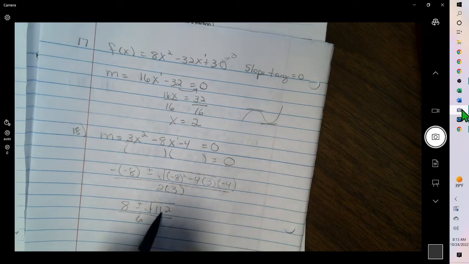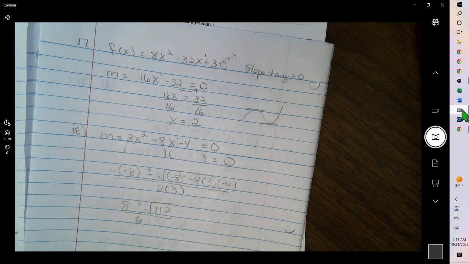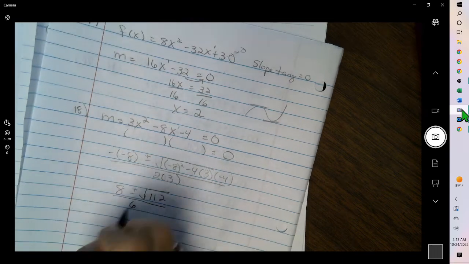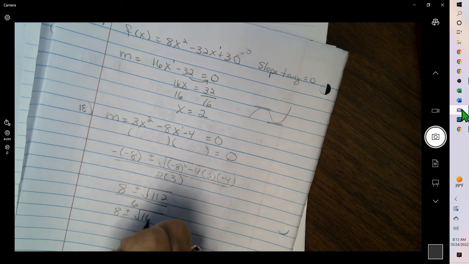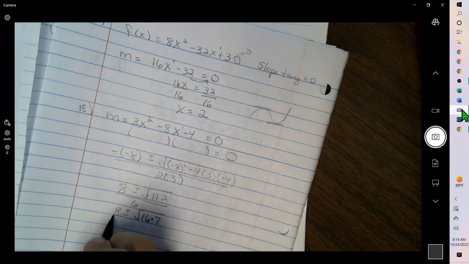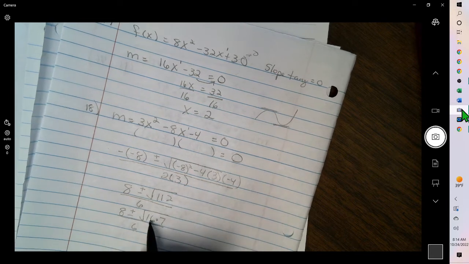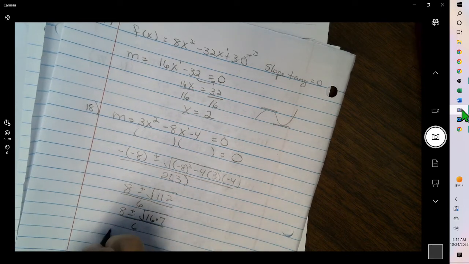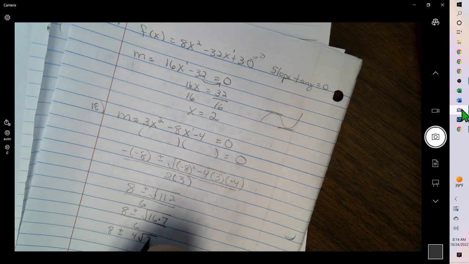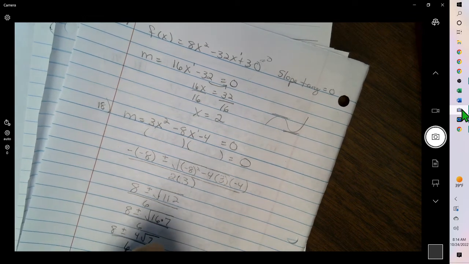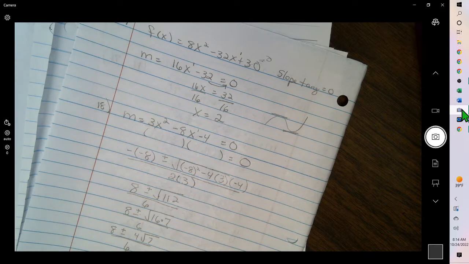There's a perfect square in there. It's 16. 8 plus or minus the square root of 16 times 7. So there is a perfect square that needs to come out. 8 plus or minus 4 square root of 7 over 6. And then you need to reduce it.